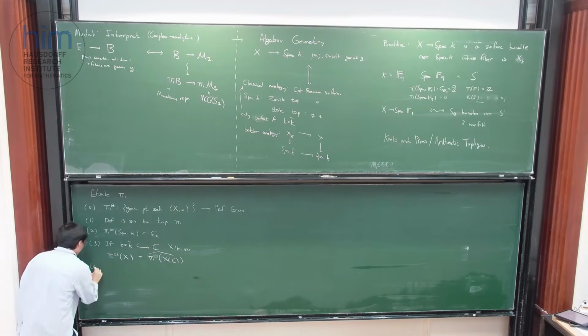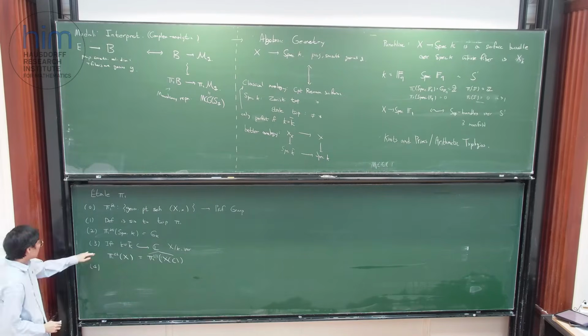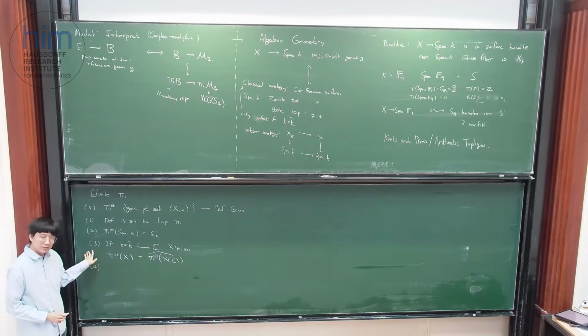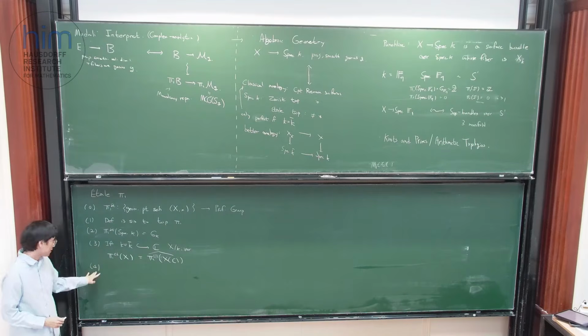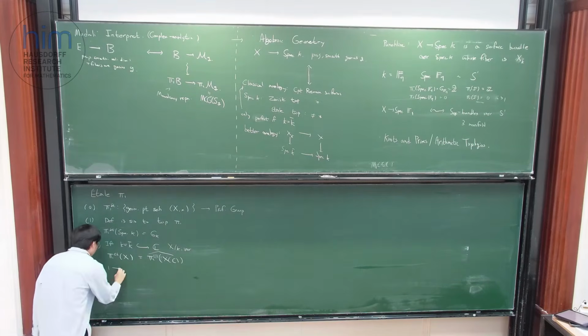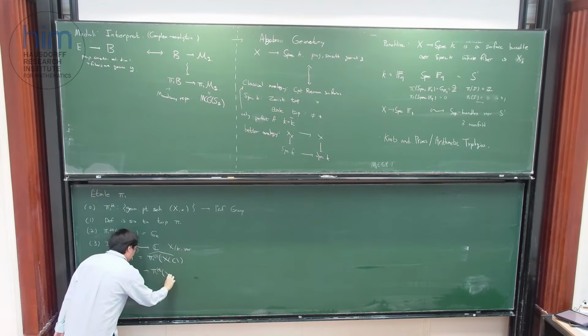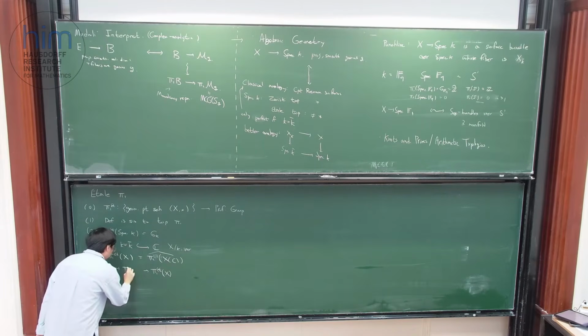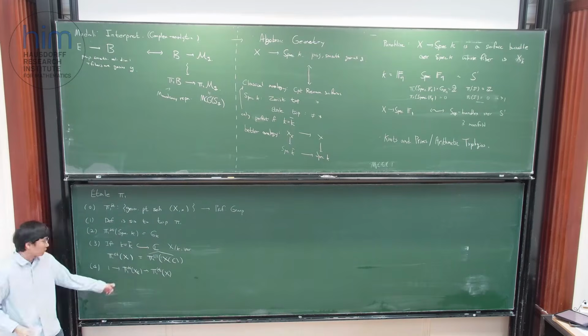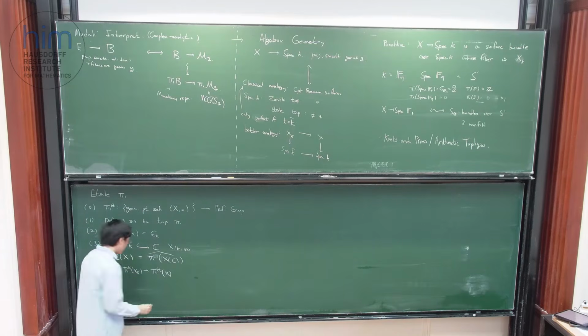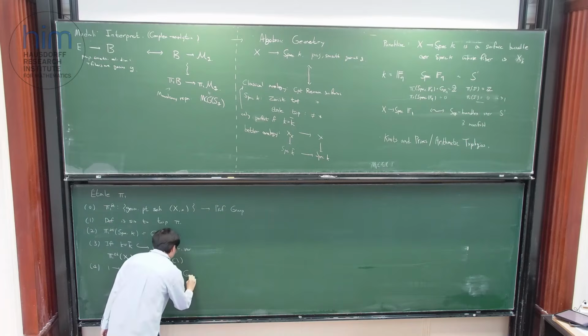And finally, thanks to this, we kind of understand the fundamental group over an algebraically closed field of characteristic 0. This theorem tells you more generally that there exists an exact sequence which decomposes the étale fundamental group of X into a geometric part, the fundamental group of the base change, and also the Galois group.